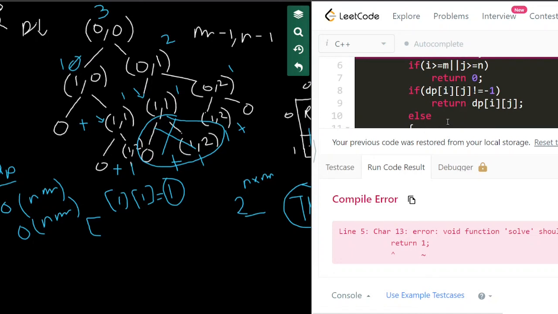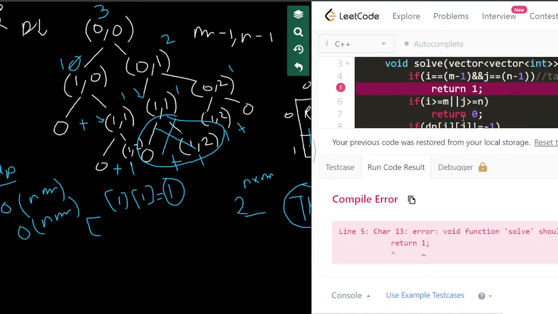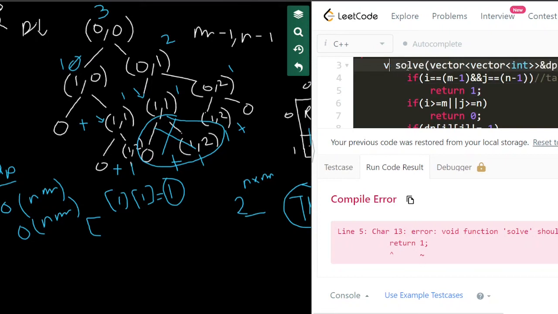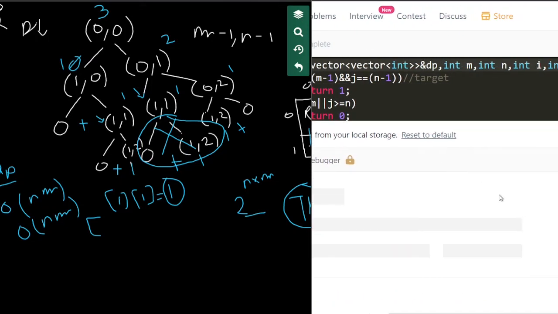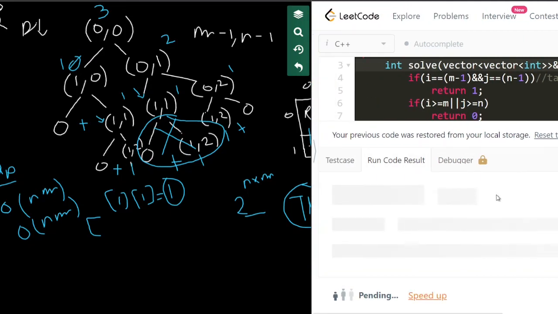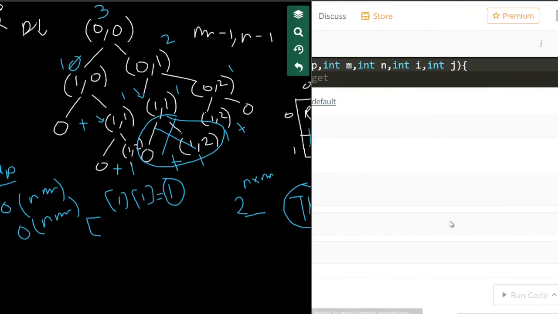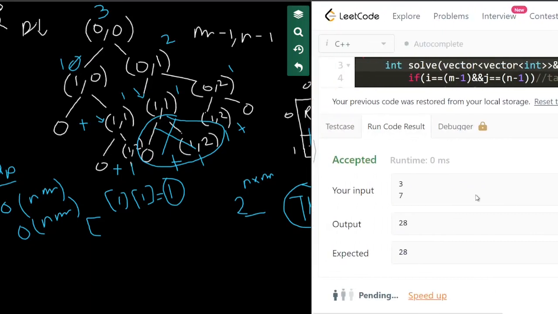The problem is that this should be int. Okay, sorry. Now let's run this again. Now let's submit this code. If I submit this code, you'll find that it is accepted.